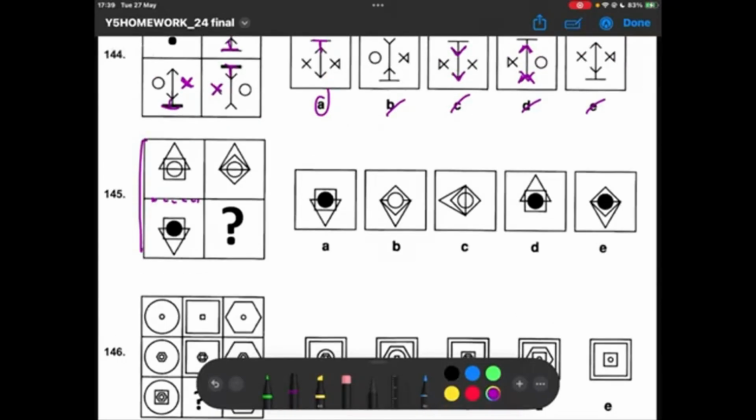But the inside circle goes from being white to black, so it's white here, so we know it's got to be black here. I'll just rule out any that have a white one: B and C.